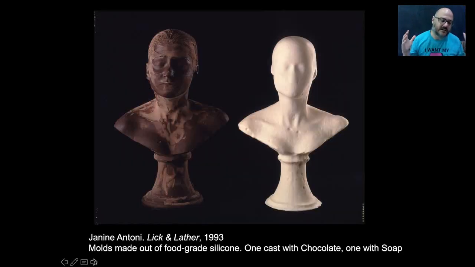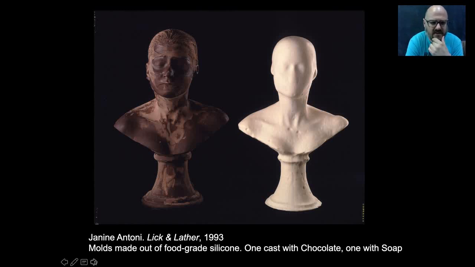This isn't in the book, but I think this is her most brilliant piece. I love this. It's called Lick and Lather. It's traditional in one sense because they're female busts, which is something we've seen throughout art history, but they're atypical in the sense of the materials they are made out of. The one on the left is a self-portrait of Janine Antoni, and it is on the left chocolate, her own self-portrait, her likeness, and on the right soap.